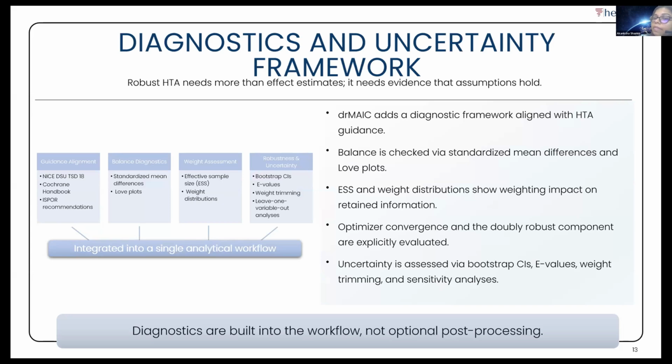Weight assessment covering effective sample size and weight distributions, and robustness and uncertainty with bootstrap confidence intervals, e-values, weight trimming, and leave-one-variable-out analysis. It also reports optimizer convergence and the contribution of the doubly robust augmentation term explicitly rather than leaving them buried.